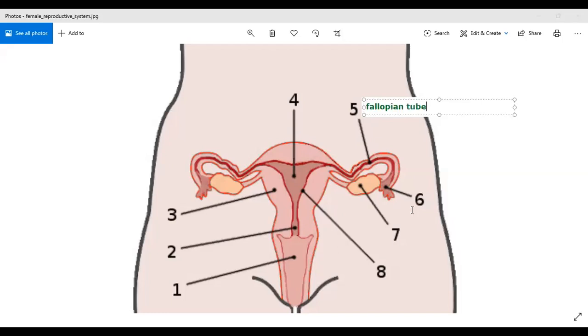And number 6 might be tricky for you, but let me see if you have anything for it. Miss, the fimbriae? No, it's actually the widest part of the fallopian tube, called the ampulla. What about number 7?